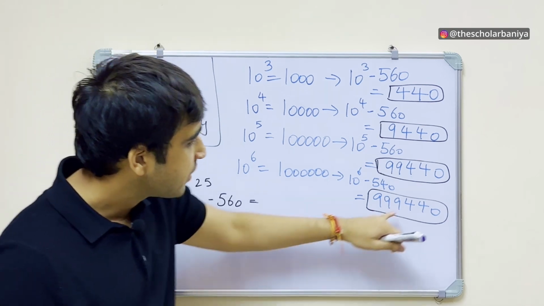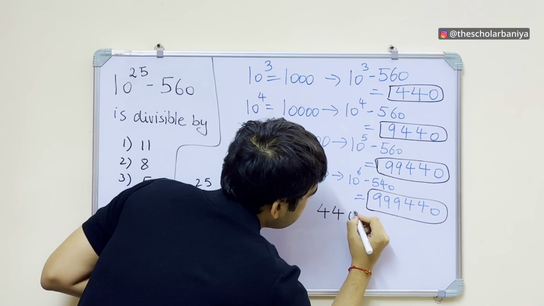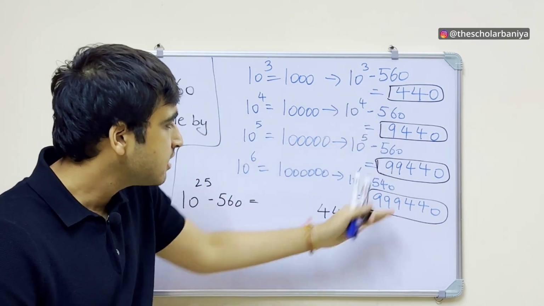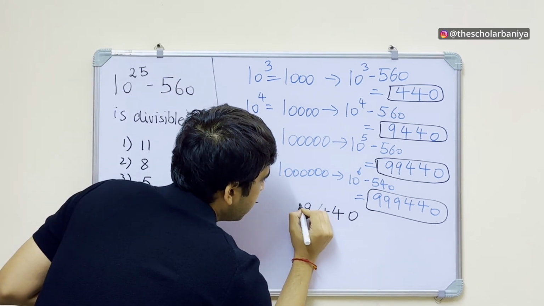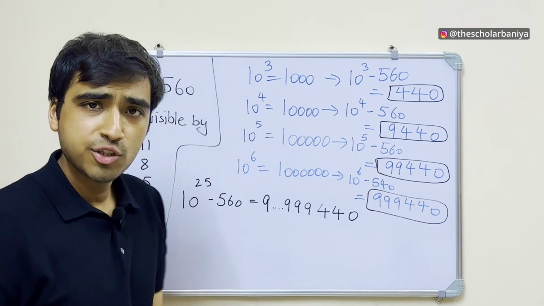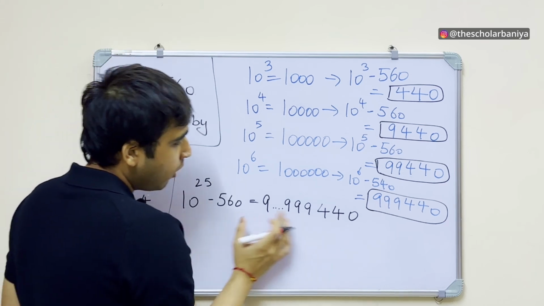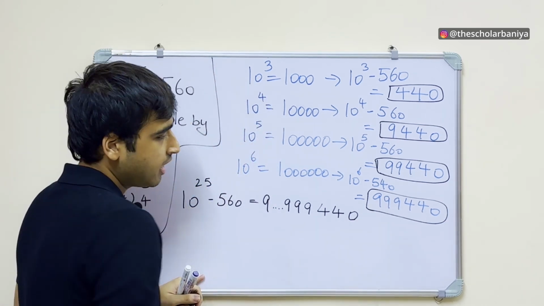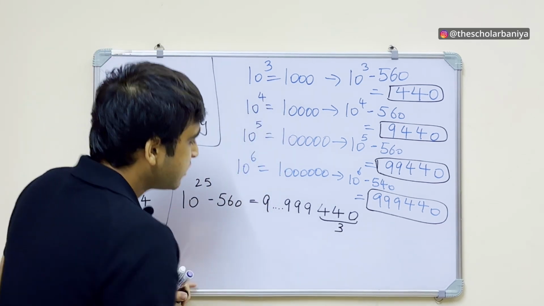And I also know that 440 remains constant. So I will write 440 over here. And I know all the rest of the digits will be 9, right? As we discussed, all the rest of the digits here will be 9. So I can write 9, 9, 9, 9. I hope this should be absolutely fine. So the total number of digits over here will be 25, and these are 3 digits, right?